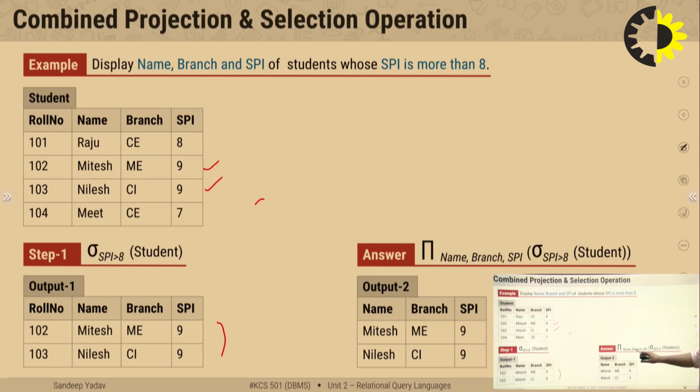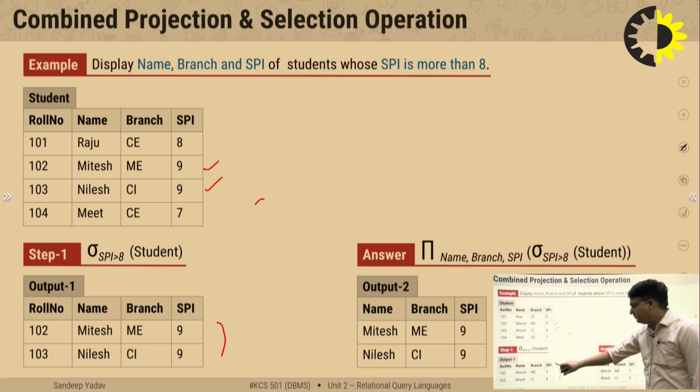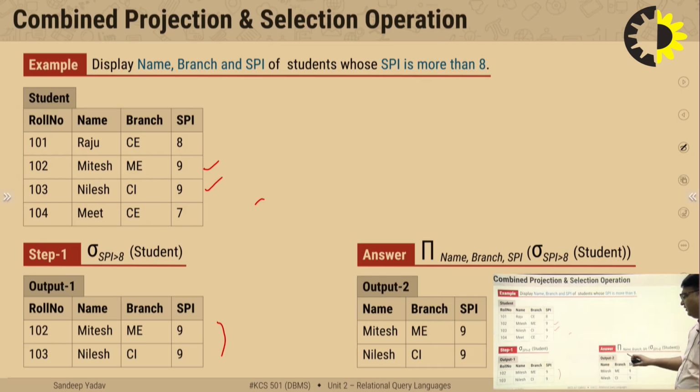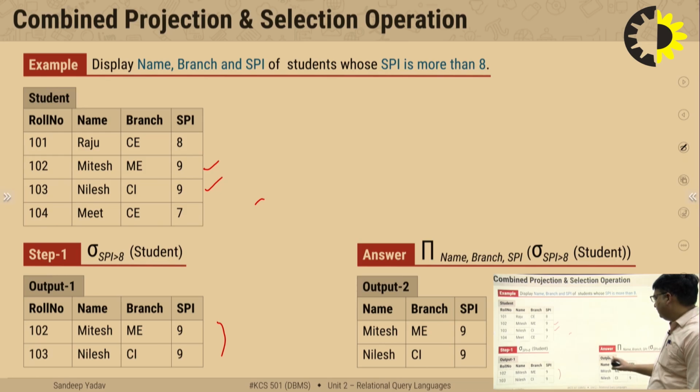See, these are the attributes that we require at the last. So, earlier when we imposed the condition, it gave this one with SPI greater than 8. Now, within this temporary result, what we want to fetch is name, branch and SPI. So, roll number is not desired because it is not mentioned here. So, the output will consist of name, branch and SPI on the basis of the attributes that are specified in the select list. So, that is the final answer.